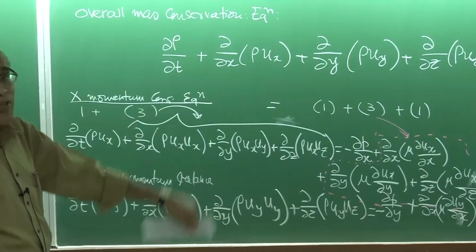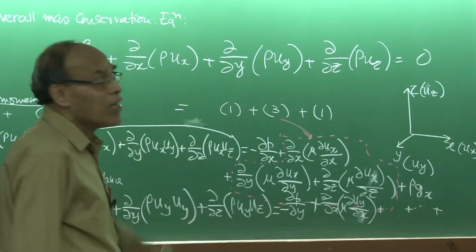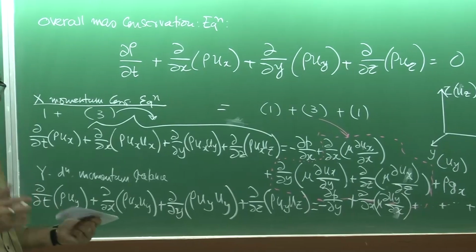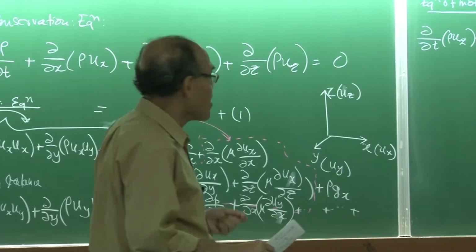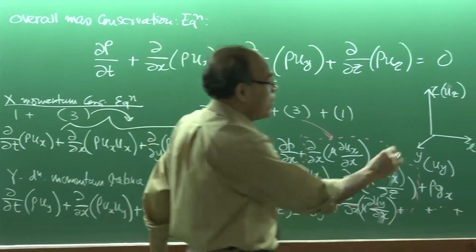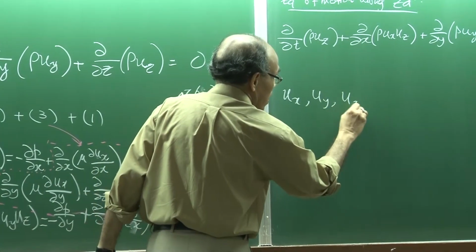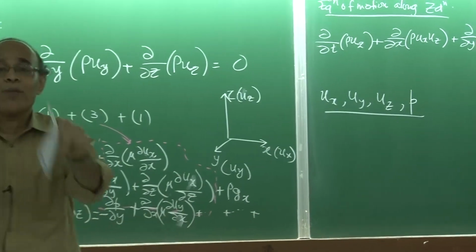Now, I have written this equation because I want to explain how many boundary conditions one should be able to write, and that needs to be understood, because often you will get the equations and you have to write the boundary conditions. It is not enough for us just to say that we have 4 different variables here, ux, uy, uz and p, and we have 4 equations, and that is why the statement of the problem is complete.